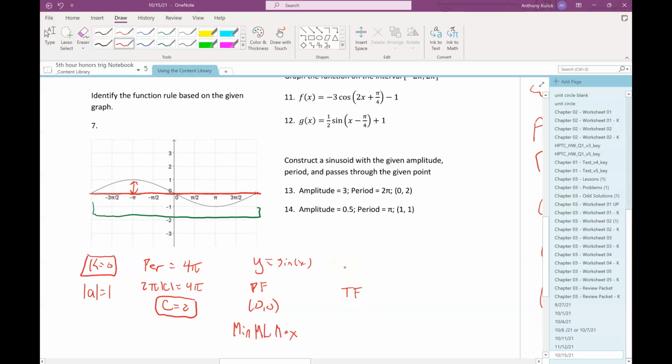From our transformed function, we need to also select a midline point. I would pick 0, 0 here, although it's not the only option, but I think it's the obvious one. And if I look at this midline point, we have a maximum, and then we have the midline, and then we have a minimum.